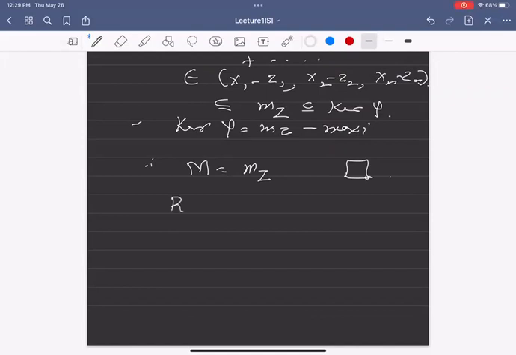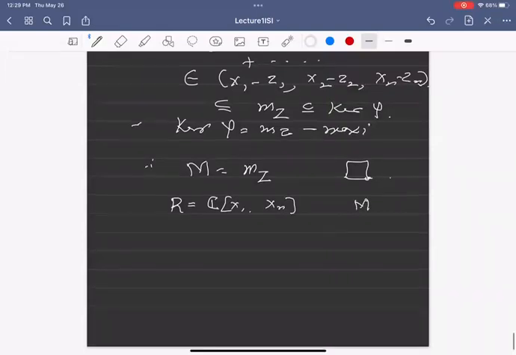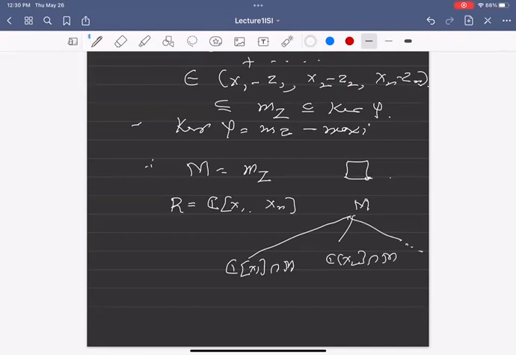Let me recall what we have done. I started with a multivariate polynomial ring and took a maximal ideal. Then I intersected the maximal ideal with C[x1], then C[x2], etc. In each case, I picked up a linear polynomial, because all these intersections were maximal ideals of a one-variable polynomial ring.